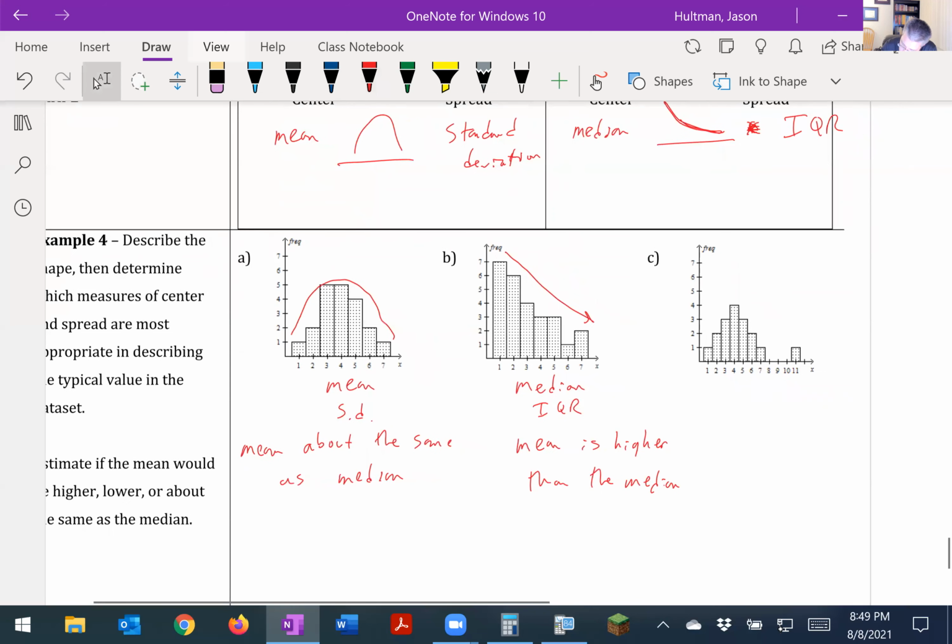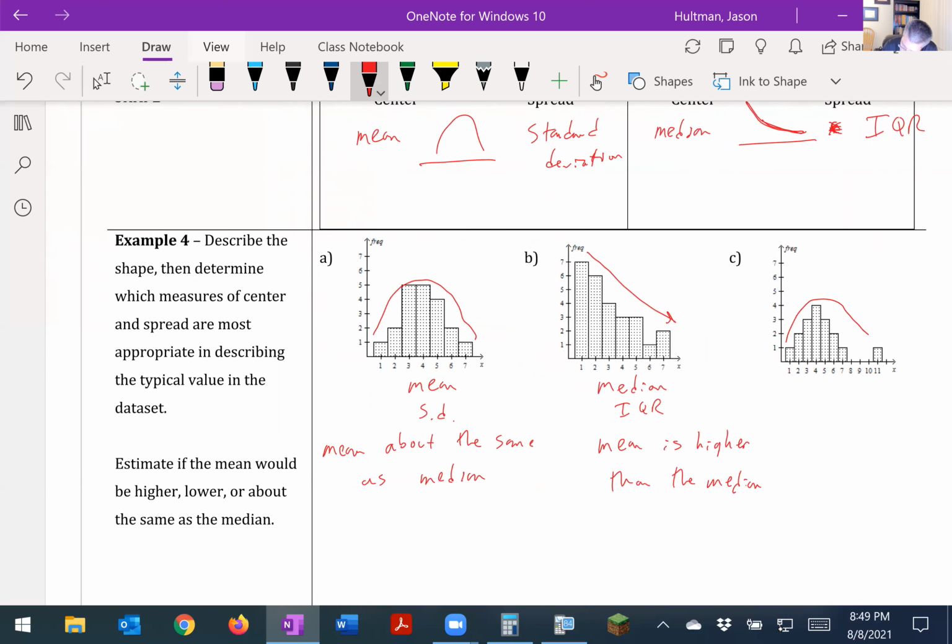What about an outlier? What would we want to use here? If we had an outlier, then that outlier is going to take the mean and pull it this way. It's going to pull the mean toward the outlier, which means that the median, which roughly is not affected by outliers, is not going to be pulled. The median will not be pulled. The mean will be pulled.